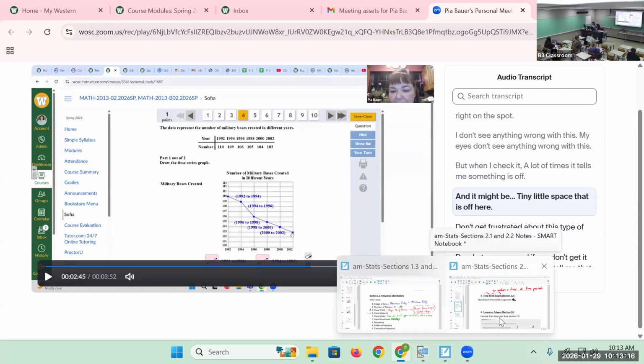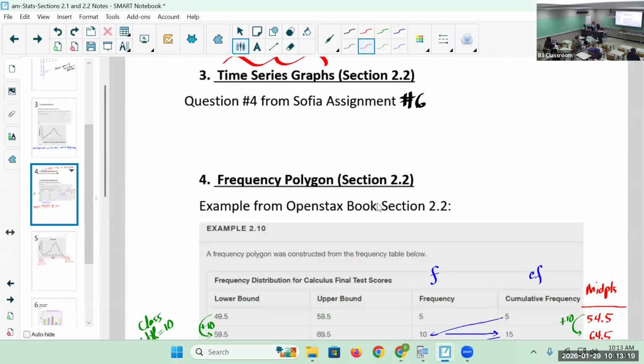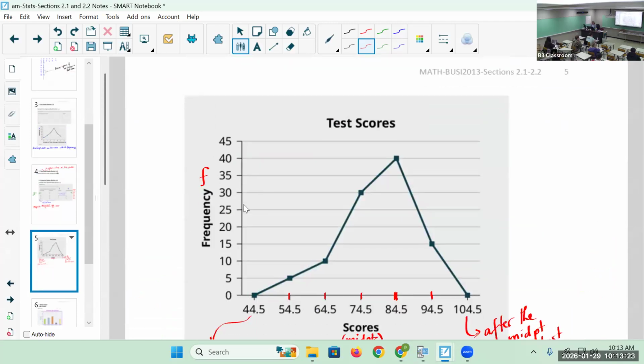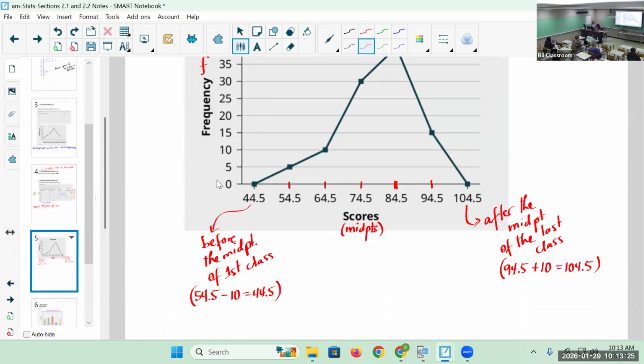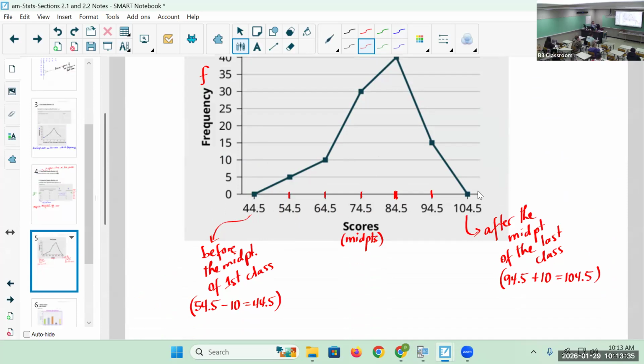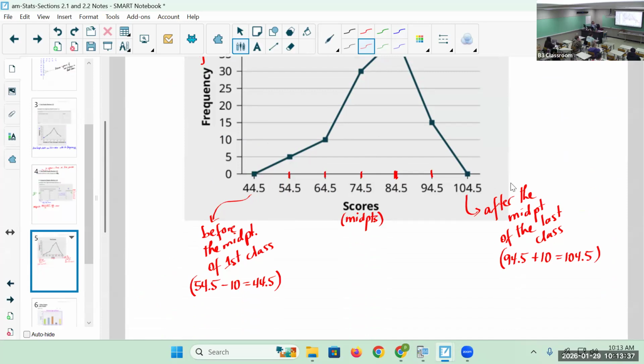And then the one that we're looking at right now, the frequency polygon, is very different because it doesn't start with the information that we had. It actually uses the midpoints, and it doesn't start with the midpoint. It actually starts on the x-axis. In other words, that beginning and that end don't have a frequency.